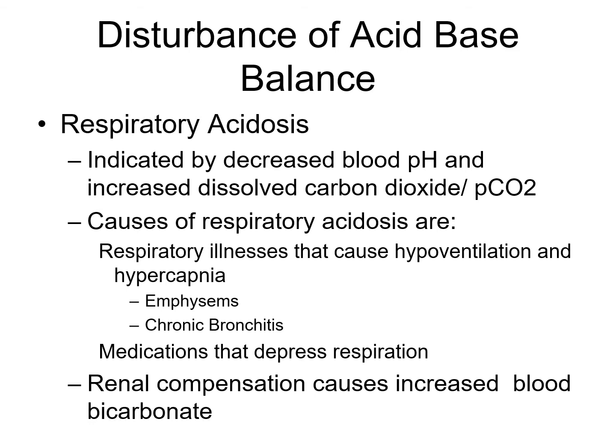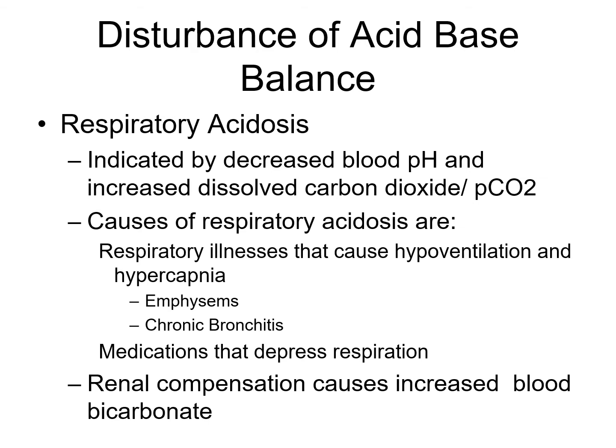If instead of the kidneys, the lungs are the ones that have a problem, the term that we will be using would be respiratory acidosis or alkalosis. In the first one, respiratory acidosis, there is a decrease in the blood pH, making the blood more acidic, and the characteristic parameter that you can see would be an increase in the carbon dioxide level in the blood. The causes of these conditions may be respiratory illnesses like emphysema or chronic bronchitis.